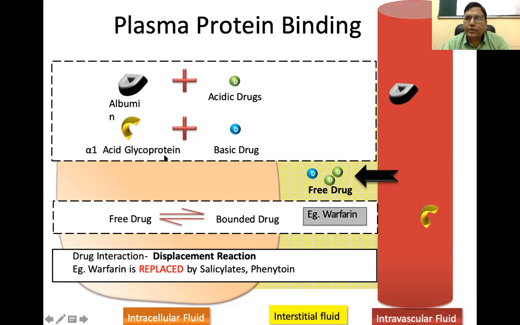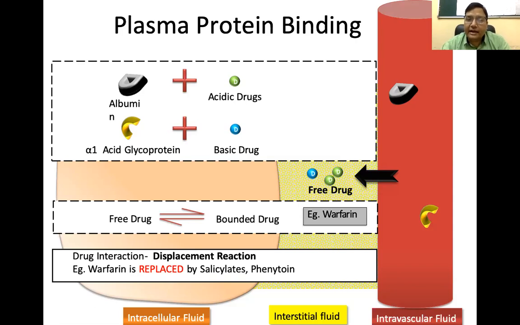These drugs remain in the intravascular fluid. It is only the free drug which moves out of the intravascular fluid. The bound drugs remain inside, so they are not free to produce any effect or action.